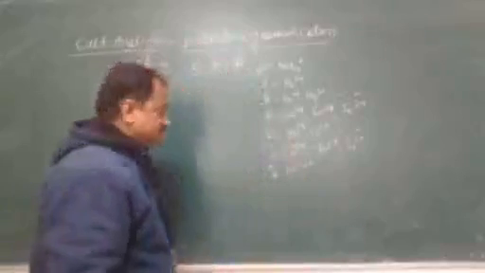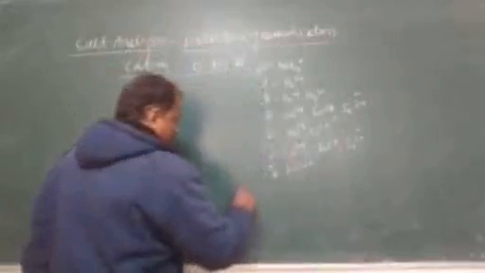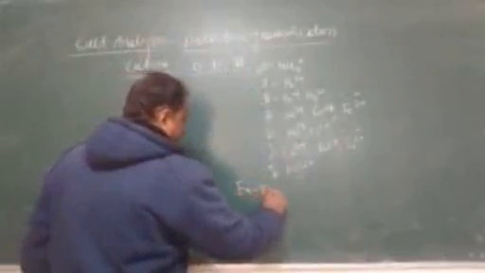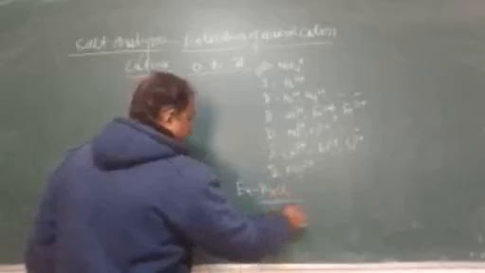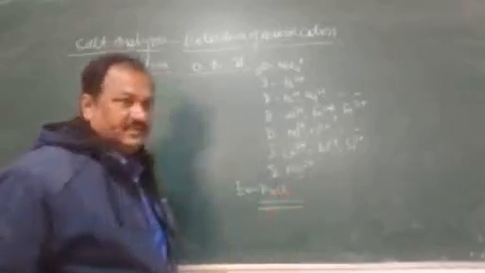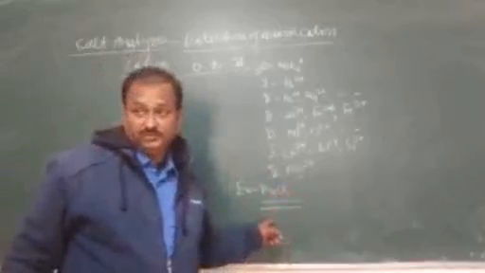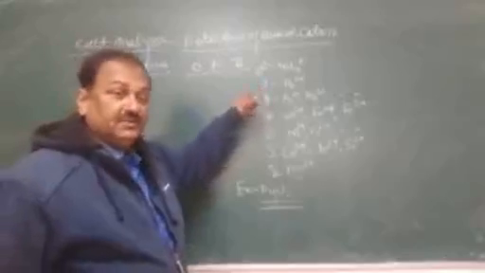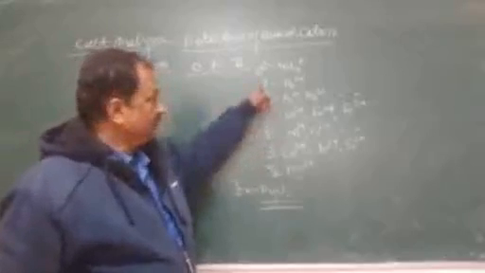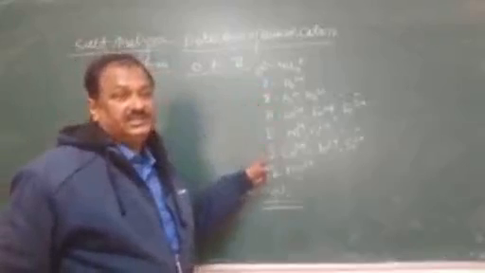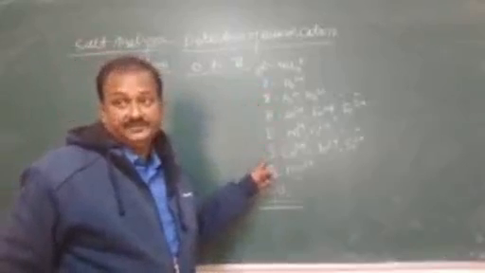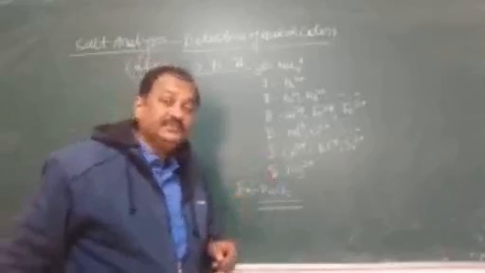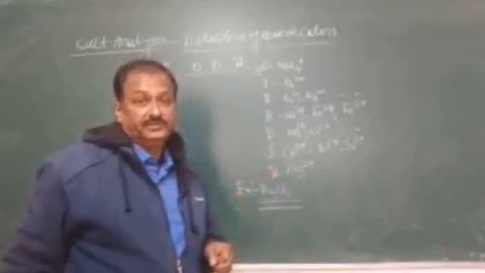And second point, for example, if you have been given MgCl2, then you have to start from this, and all the groups from first to fifth have to be reported absent. Absence must be reported.